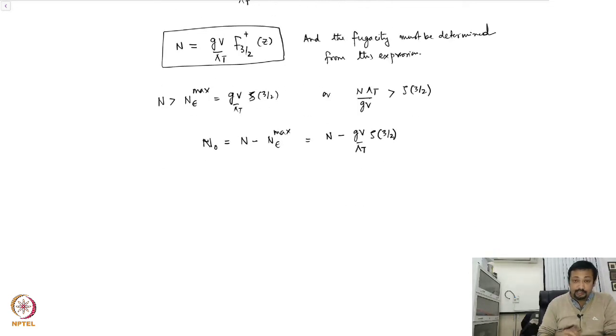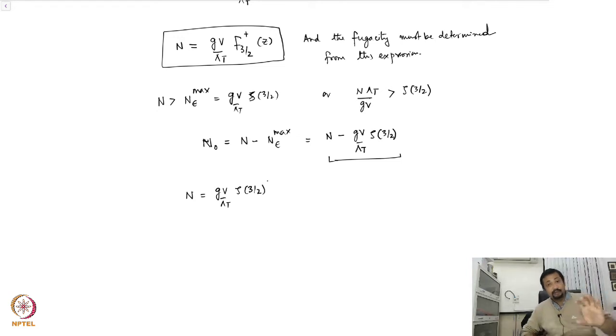This means that there is a condition at which point the condensate can appear. I can figure out a temperature. I can clearly see that based on this, the condensate starts to appear when N is GV over lambda_T zeta to the power 3/2.